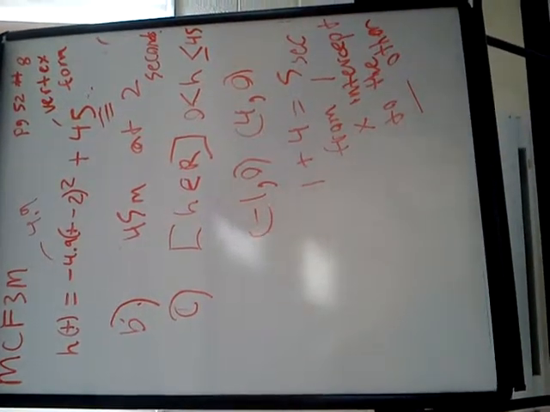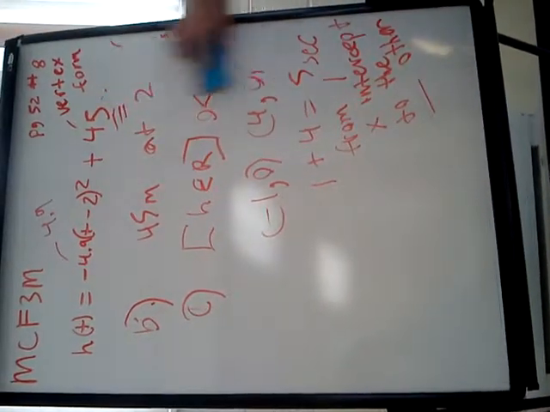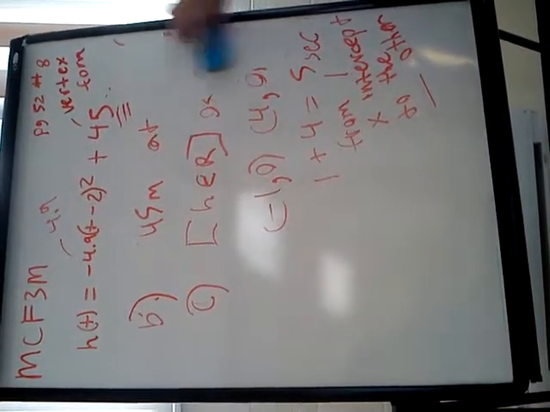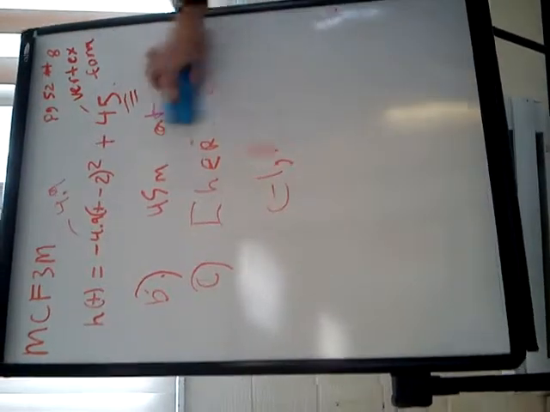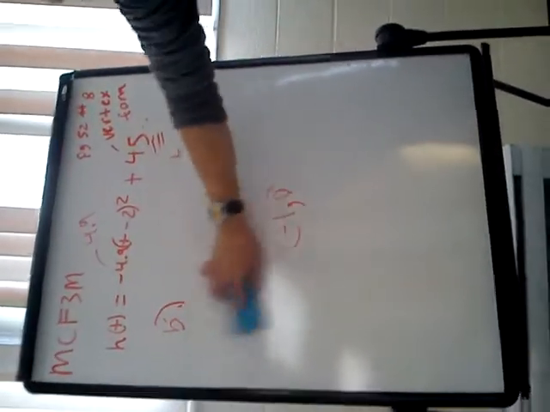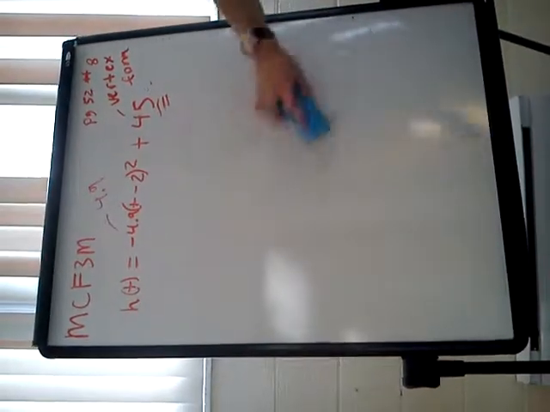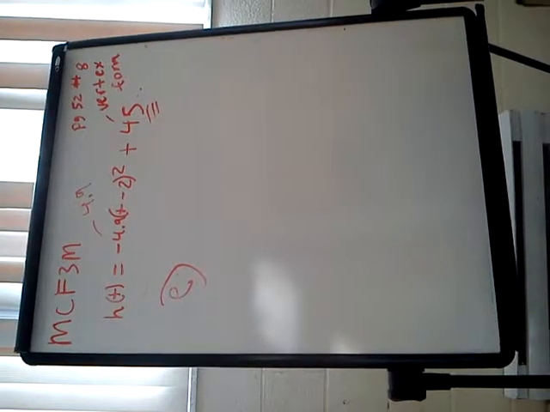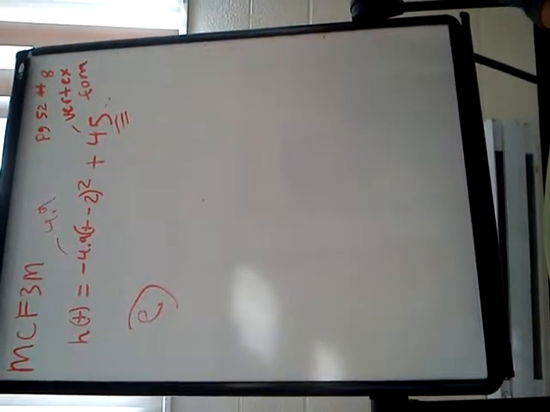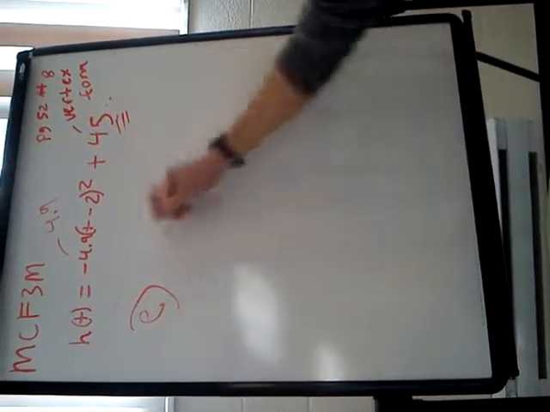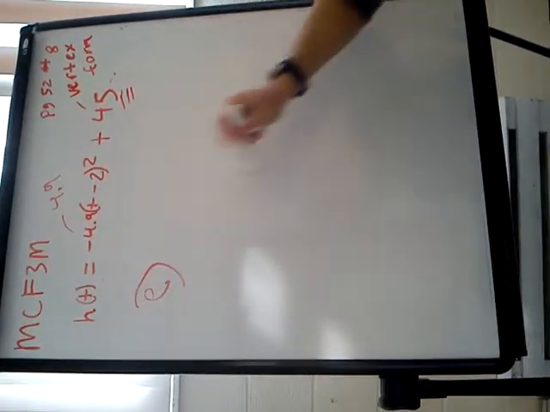And finally, for part E, we are going to calculate the domain of this function. E says, write the domain of the function. So the domain of the function is going to be represented by time in seconds.